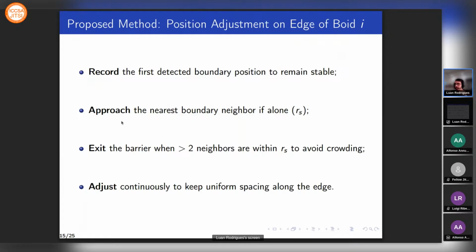The second one is to approach the nearest neighbor in the boundary if it is alone inside its safety radius, and also exit the barrier if there are more than 2 direct neighbors around it to avoid overcrowding, and adjust the position in the barrier continuously to keep the uniformity of the barrier.